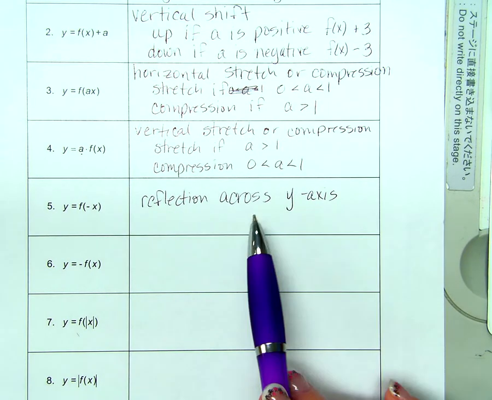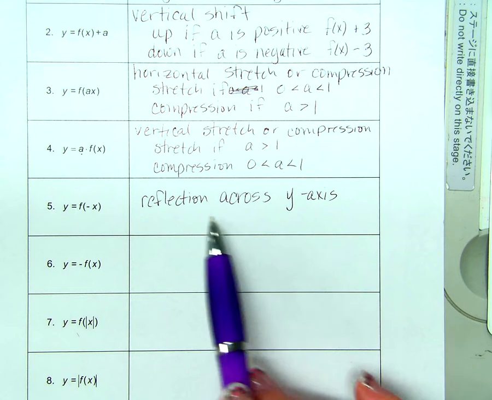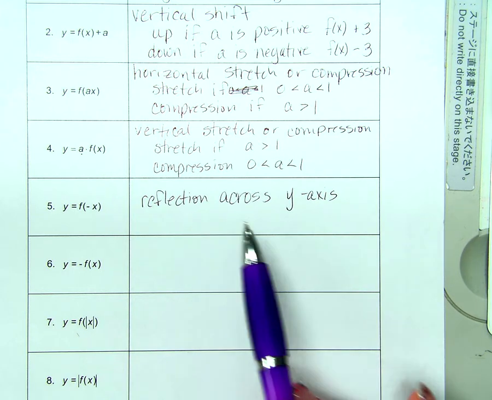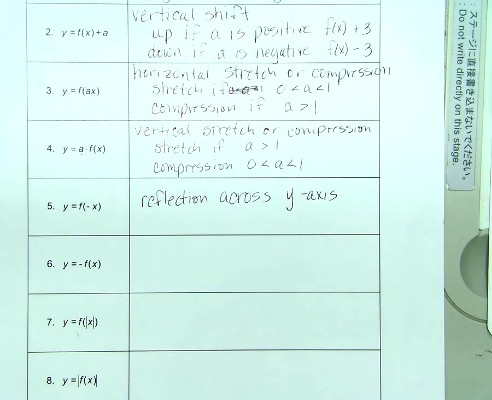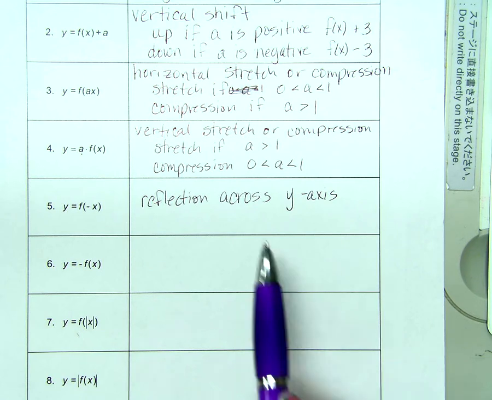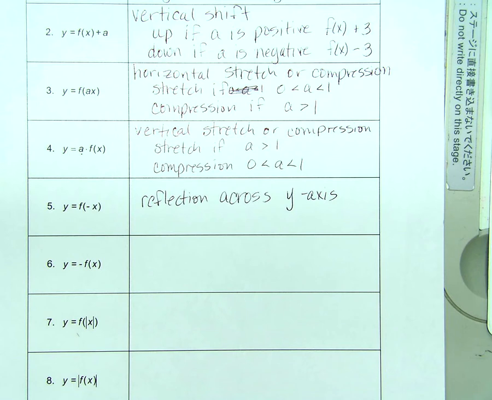Okay, so this crazy kid earlier said it's really a reflection over the y-axis. What did I say? I said, okay. Are we going to argue about semantics here? Do you know what semantics are? Word choice? That's not really a semantics issue, is it? They mean the same thing, don't they?